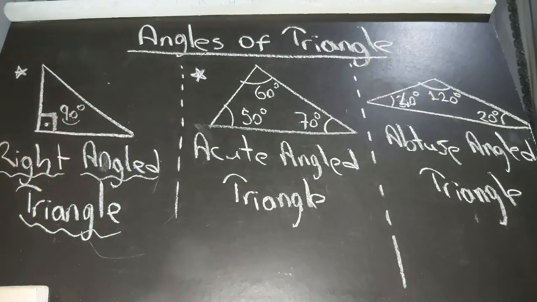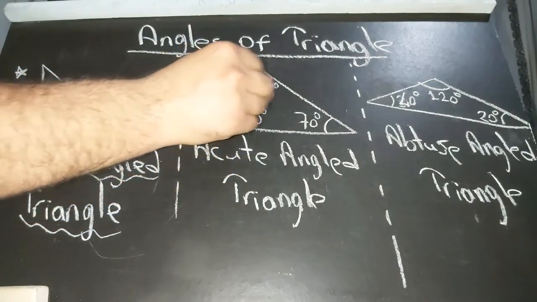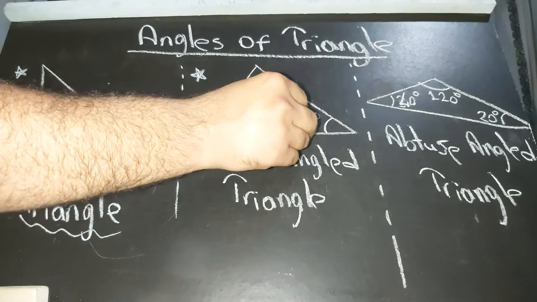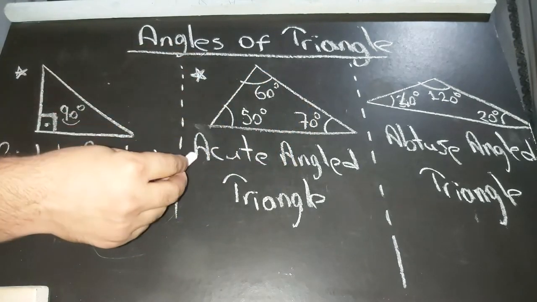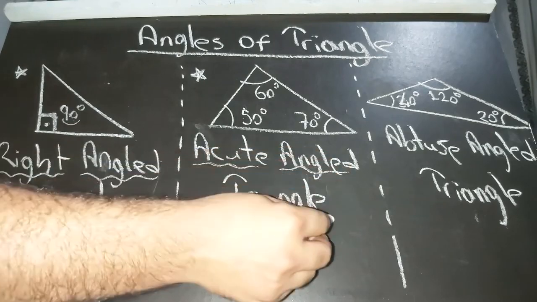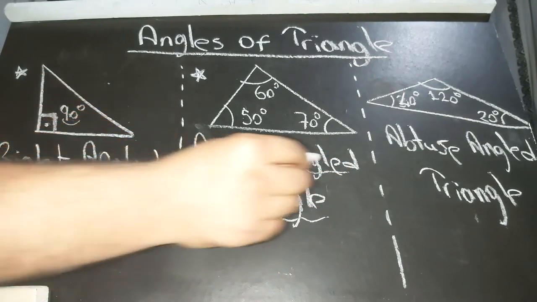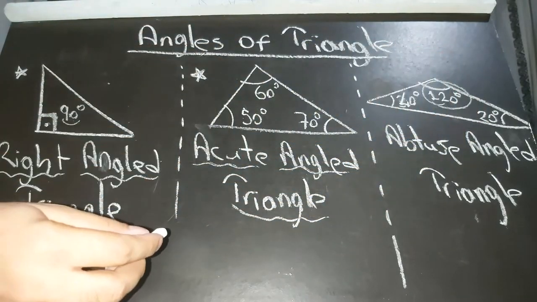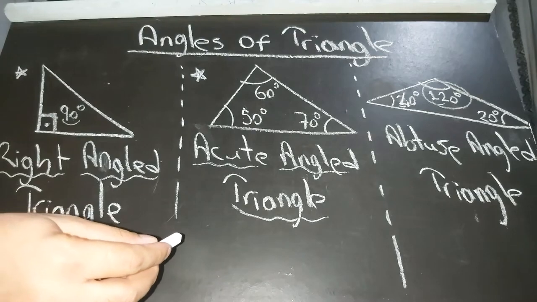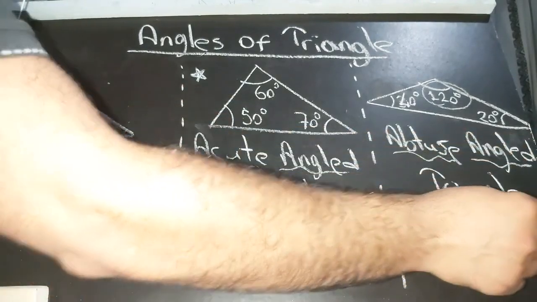Okay, so if all the interior angles of a triangle are acute angles, we call this an acute angled triangle. If you have one obtuse angle in the interior angles of a triangle, we call this an obtuse angled triangle.